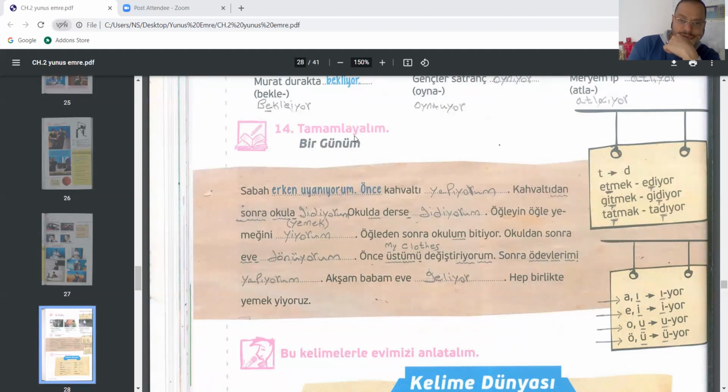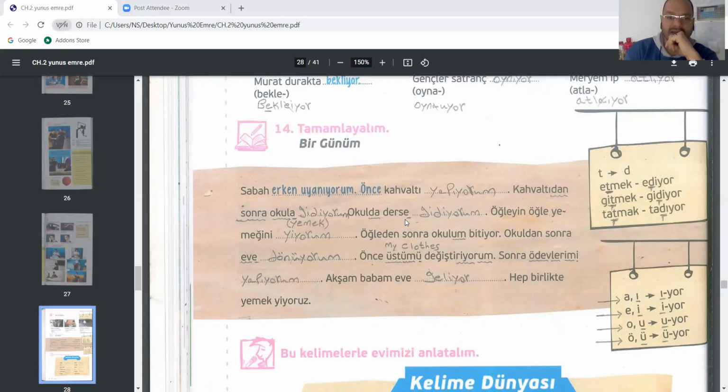Sabah erken uyanıyorum, önce kahvaltı yapıyorum, kahvaltıdan sonra, that means after the breakfast, then done or ten, that depends on which letters we are dealing with. Okula gidiyorum, I'm going to the school, okulda, at the school, sınıfa gidiyorum, I'm going to the class.